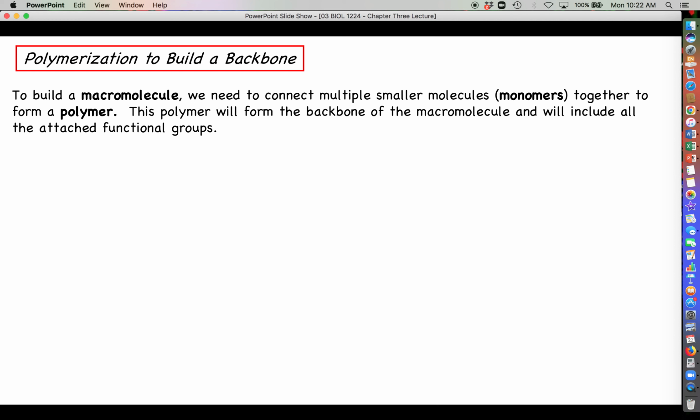So we take a number of smaller molecules and we start linking them together by forming covalent bonds between them, so now they are solidly attached to one another, and we just keep doing this over and over and over again. And because those monomers already have particular functional groups attached to them, we end up with a long carbon-carbon-carbon skeleton that has functional groups kind of sticking off to the side.